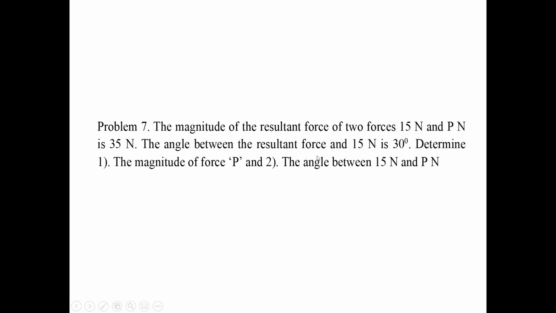The angle between the resultant force and 15 Newton, that is F1, is 30 degrees. So angle alpha is 30 degrees. Alpha is the angle between the resultant force and the force F1.